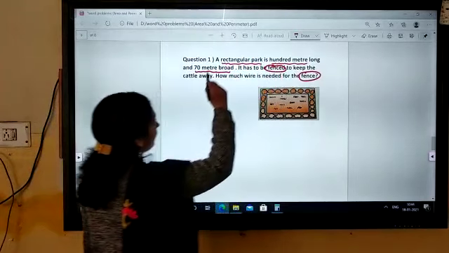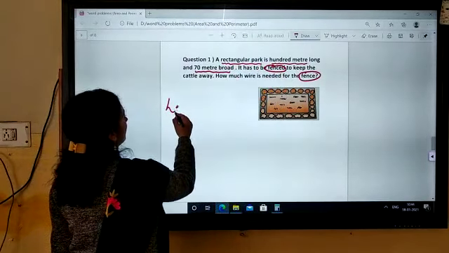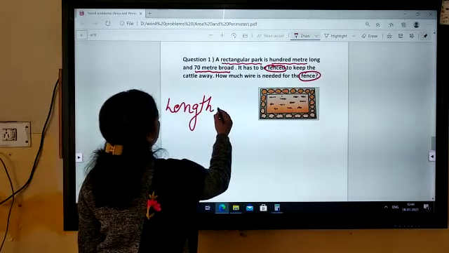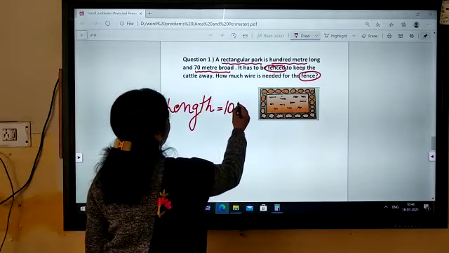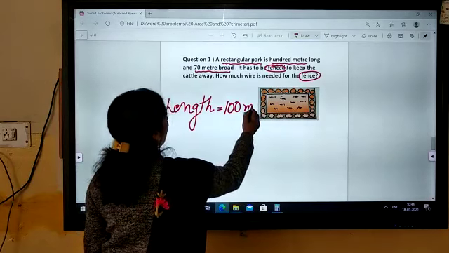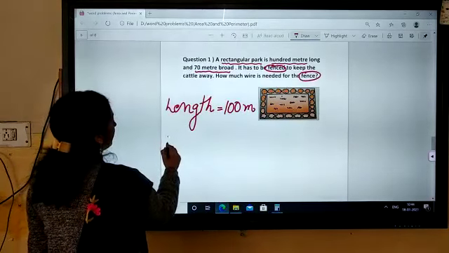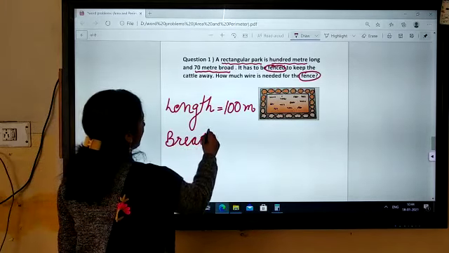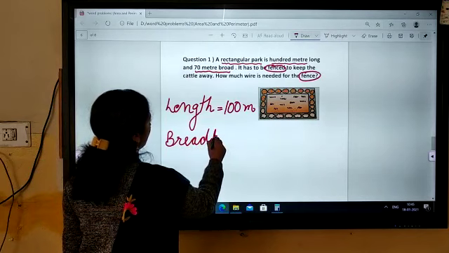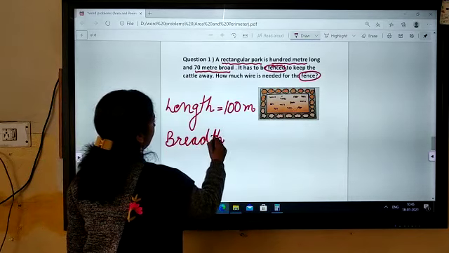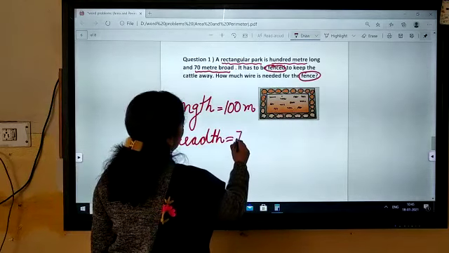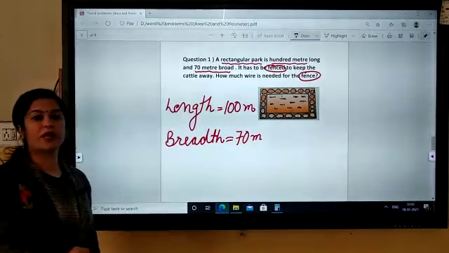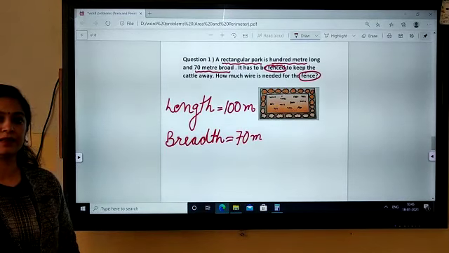Here, length of the park is 100 meters and breadth of the park is 70 meters. And what is the formula to find out the perimeter of a rectangle?